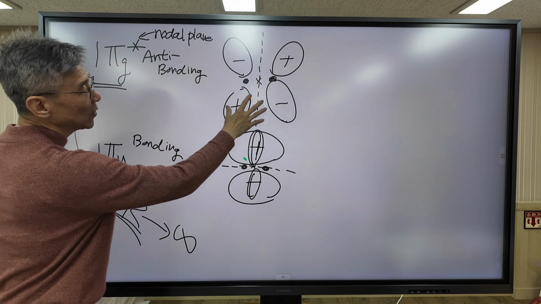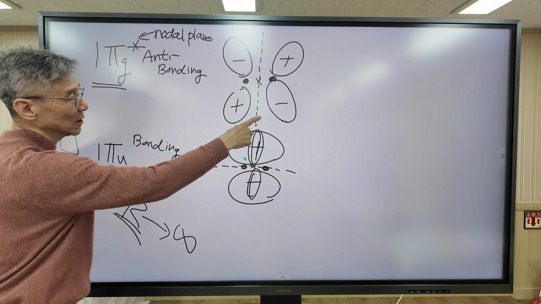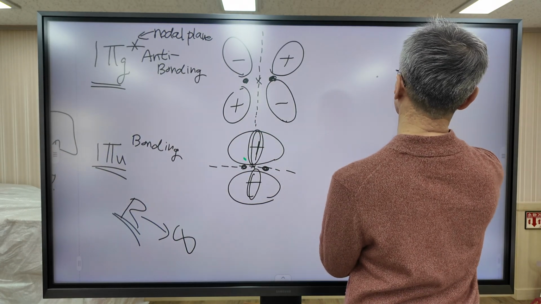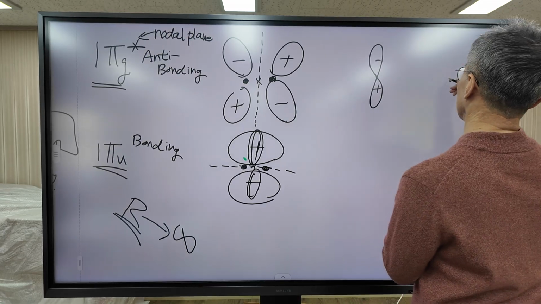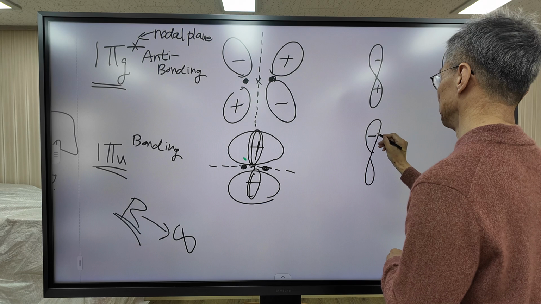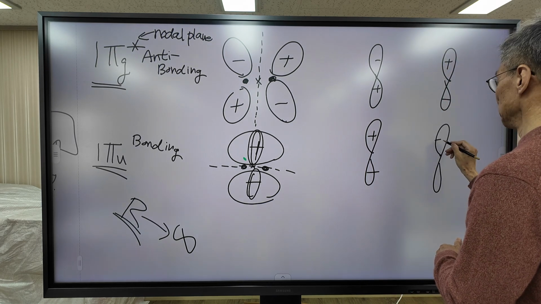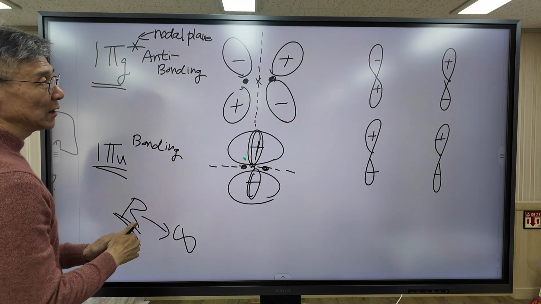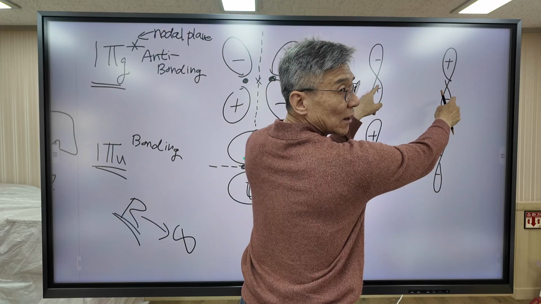When R goes to infinity, this molecular orbital transforms to this orbital.